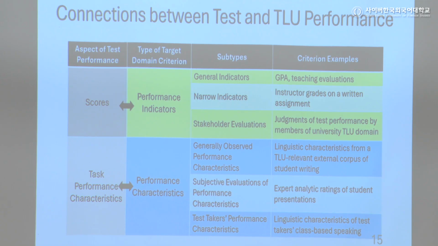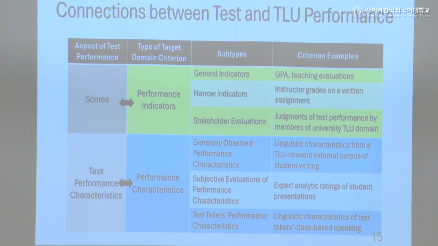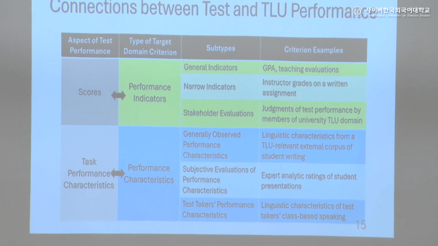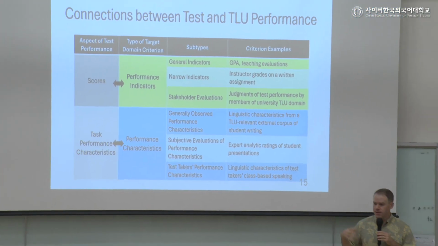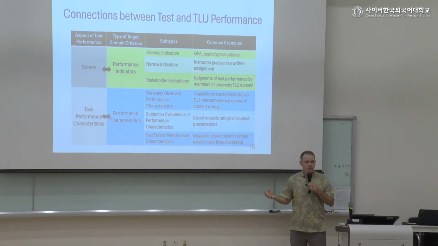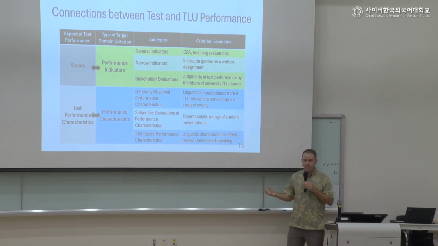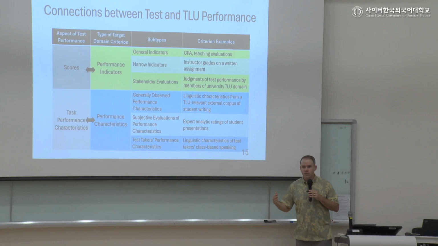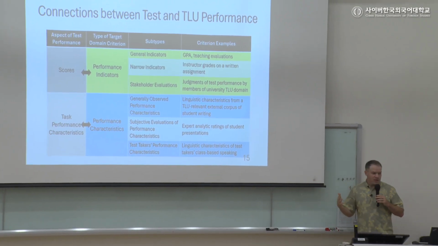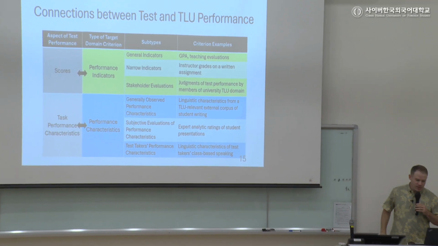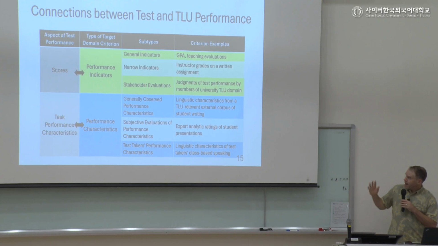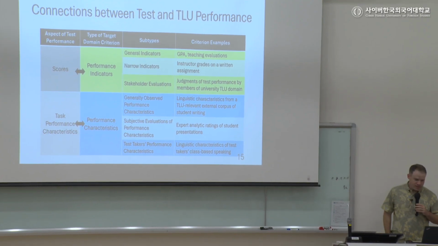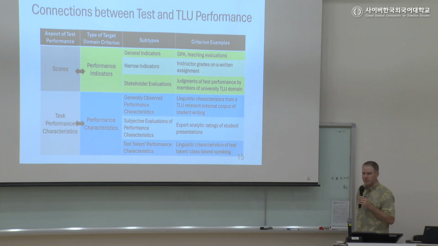So we could look at somebody's TOEFL score and then have some teachers or other experts look at the assignments they submit in an undergraduate chemistry lab or undergraduate English composition course and evaluate them on quality or some linguistic qualities. And we're looking for evidence of a strong relationship there. And then another type, which I haven't really discussed yet, is stakeholder evaluations of the test performances.